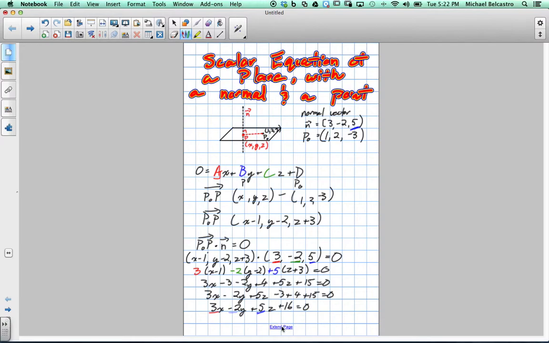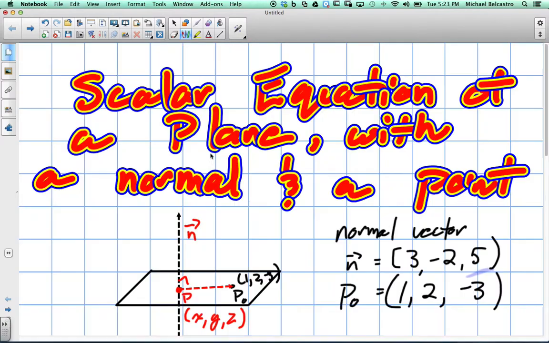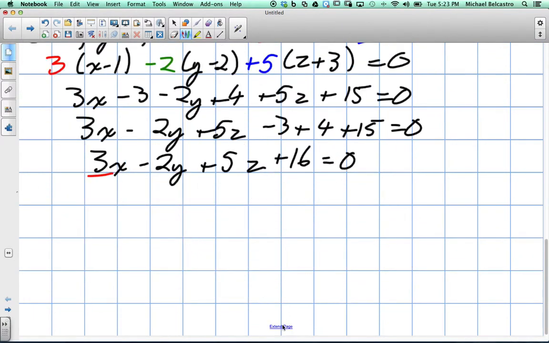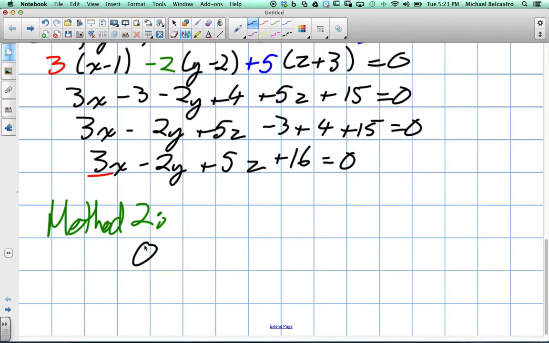What we can do is take the original scalar. We'll call this method 2. 0 is equal to ax plus by plus cz plus d.